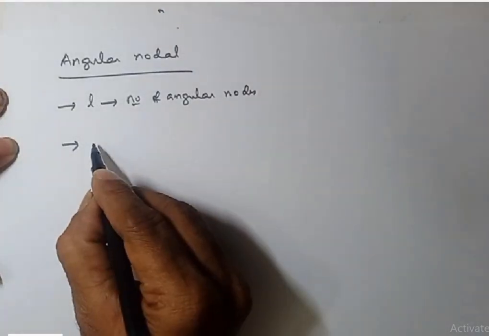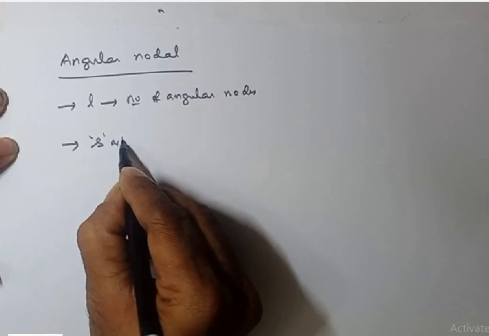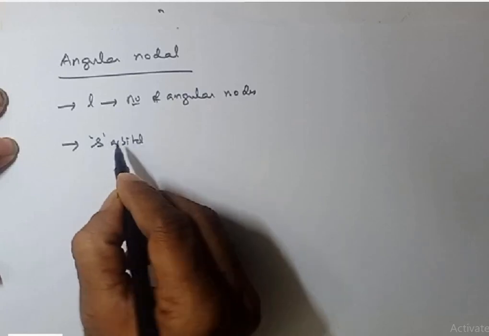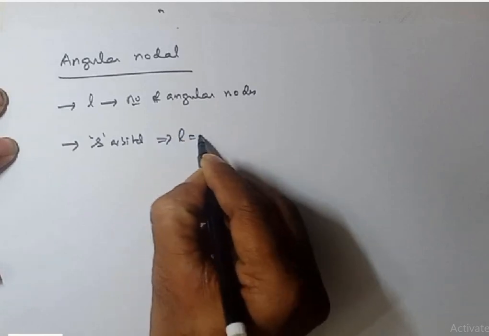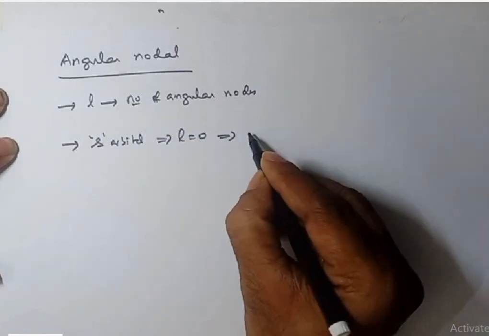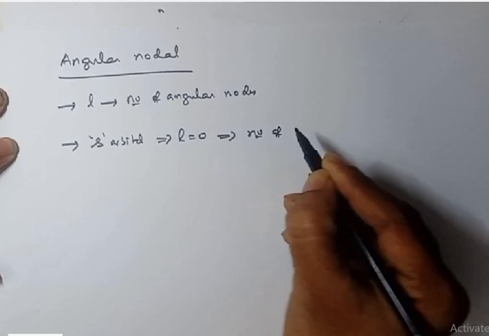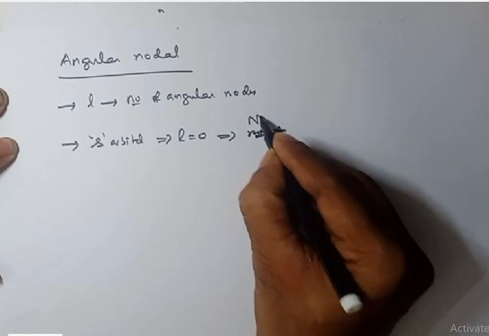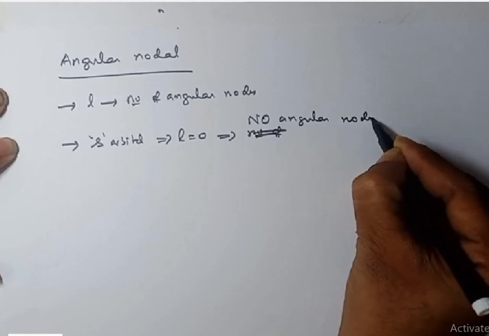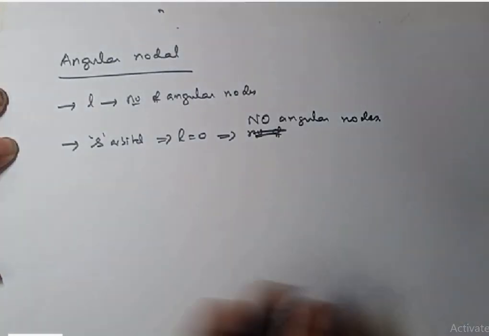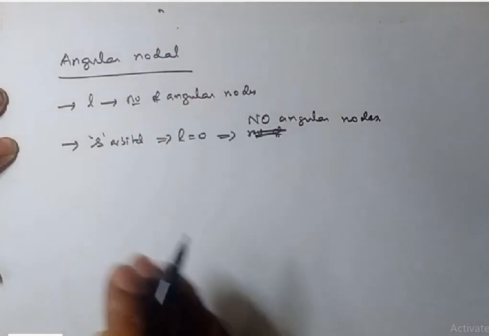Listen, for any s orbital, whether it is 1s, 2s, 3s, whatever it is, the L value is 0. Therefore, for an s orbital there is no angular node, because L is 0.